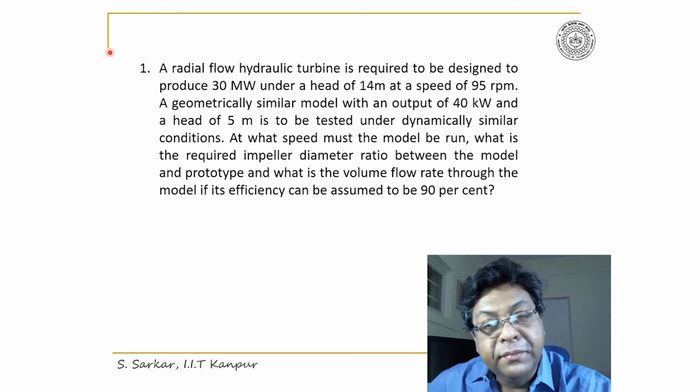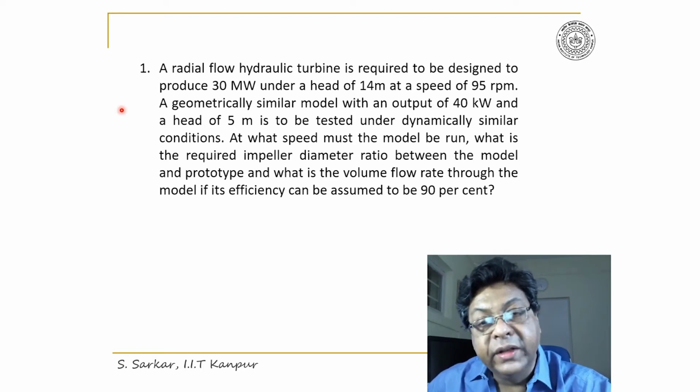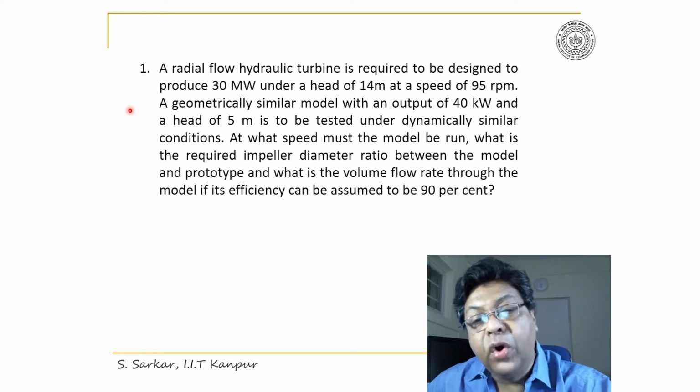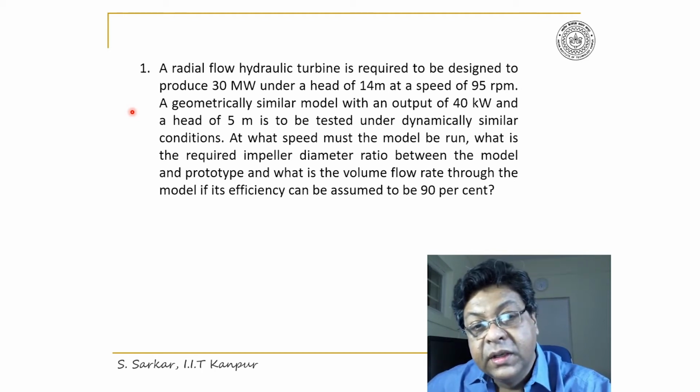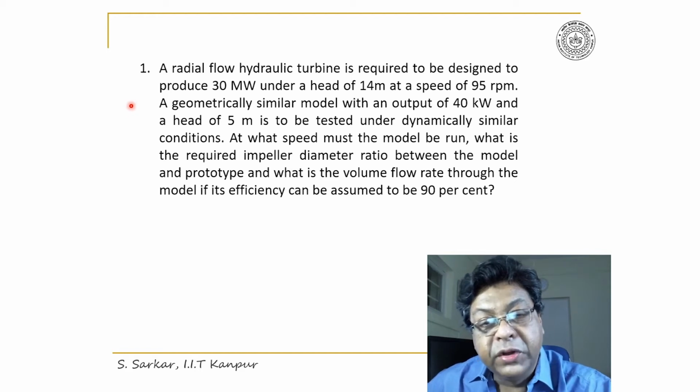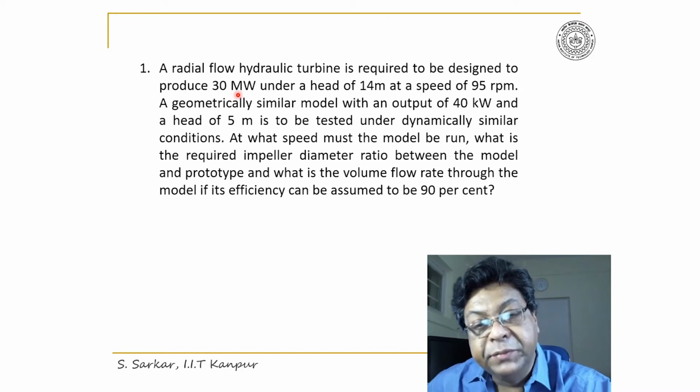The problem statement is: a radial flow hydraulic turbine is required to be designed to produce 30 megawatt under a head of 14 meter at a speed of 95 RPM. So for the prototype turbine, the power has been stated, head also given, and its RPM.